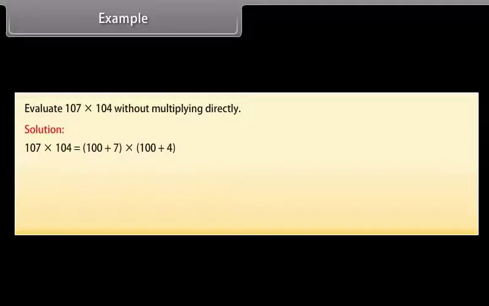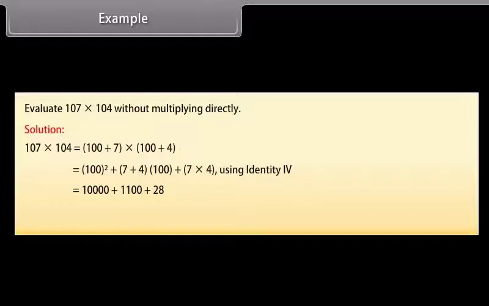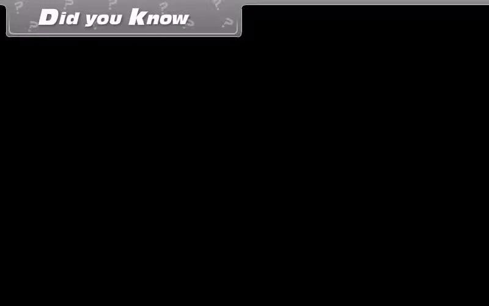Solution. 107 times 104 is equal to (100 plus 7) times (100 plus 4), which equals 100 square plus (7 plus 4) times 100 plus 7 times 4 using identity 4, which equals 10,000 plus 1,100 plus 28, which is equal to 11,128.